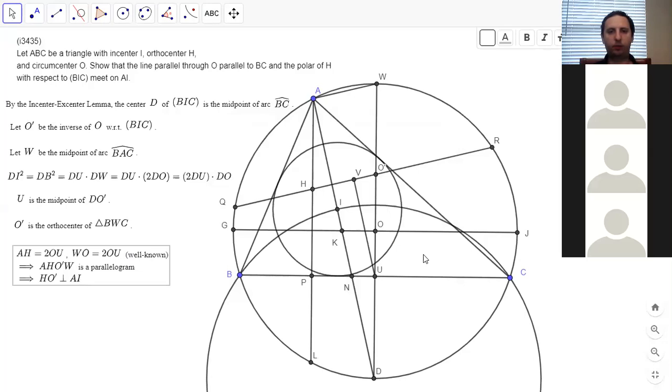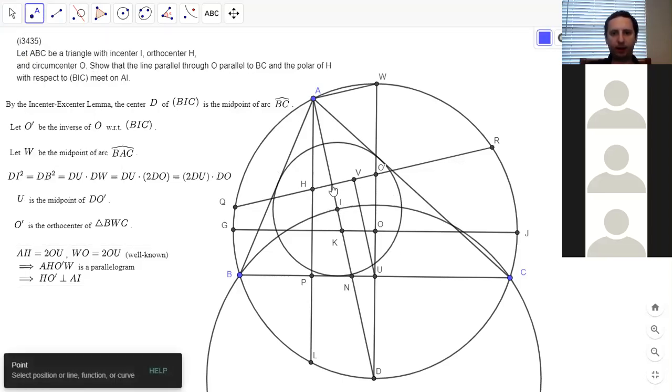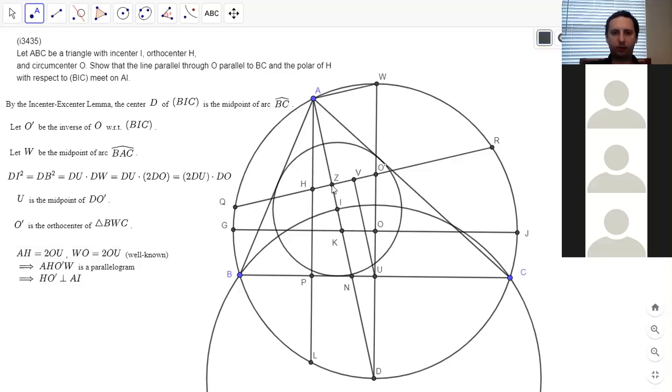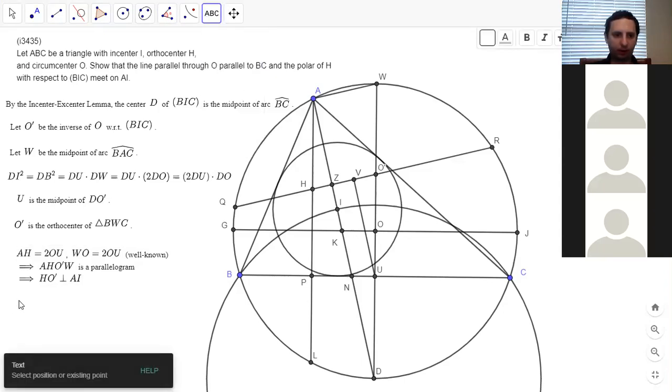Okay, and once we know that, the polar of O' is this line, right? So now we can say let Z be the intersection of AI and OH'.